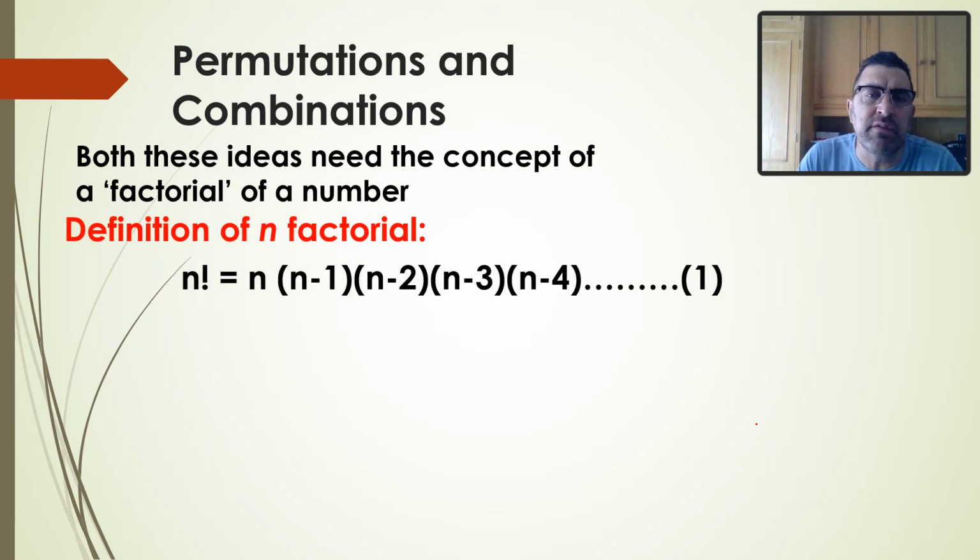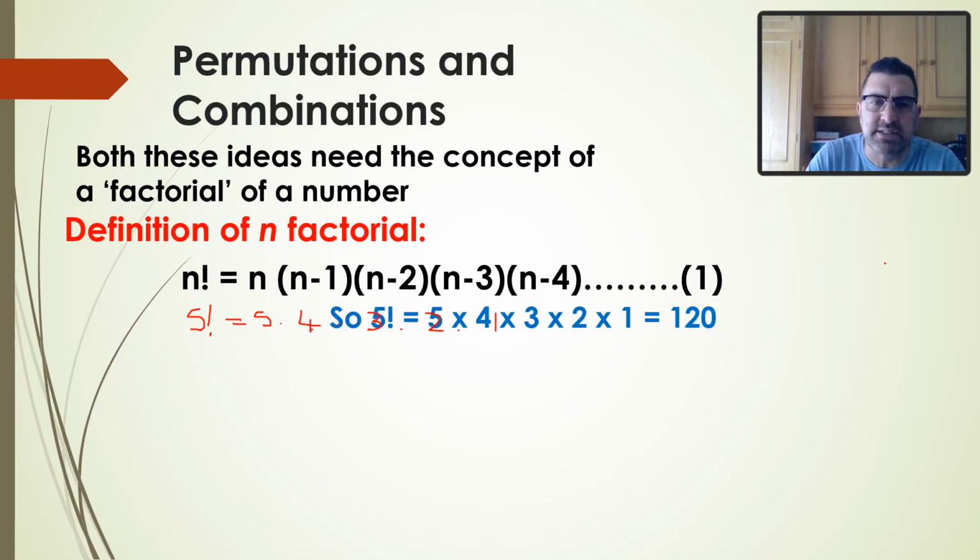The definition of n factorial is simply just n multiplied by the number before n, multiplied by the number before that number, and so on. So if this is 5 factorial, there we'll have 5 times 4 times 3. Before the 3 we have a 2, before the 2 we have a 1. So it's those 5 numbers multiplied in that sequence.